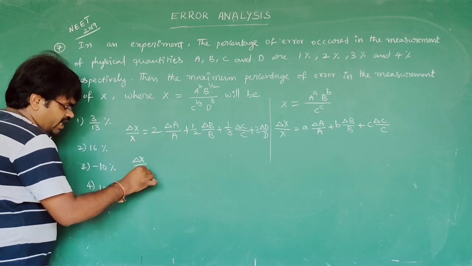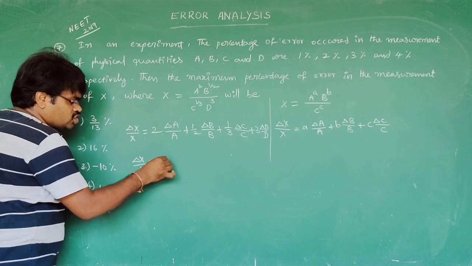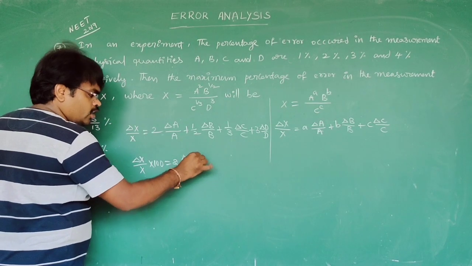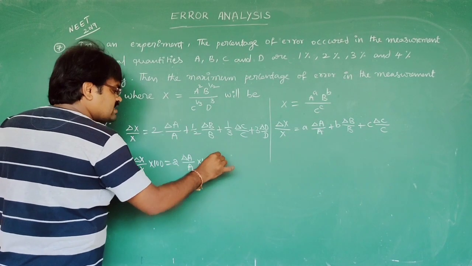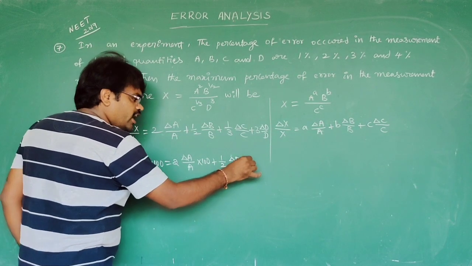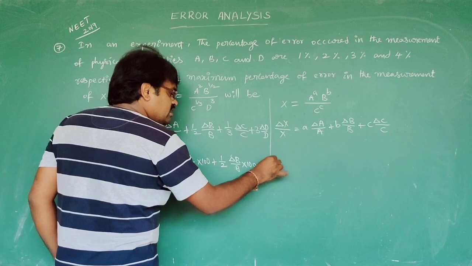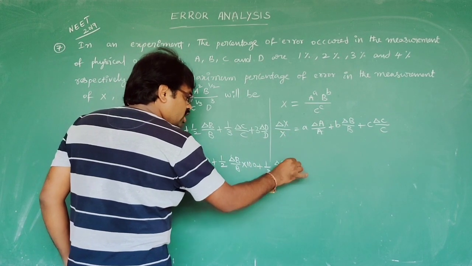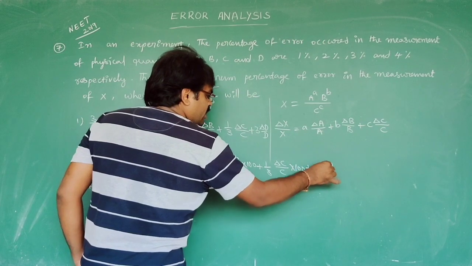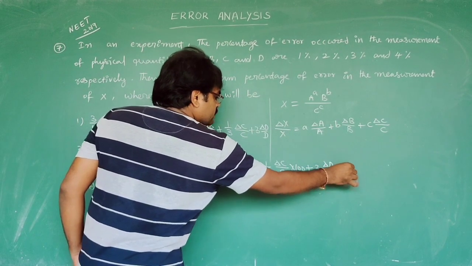Delta x by x into 100 is equal to 2 into delta a by a into 100 plus 1 by 2 delta b by b into 100 plus 1 by 3 delta c by c into 100 plus 3 into delta d by d into 100.